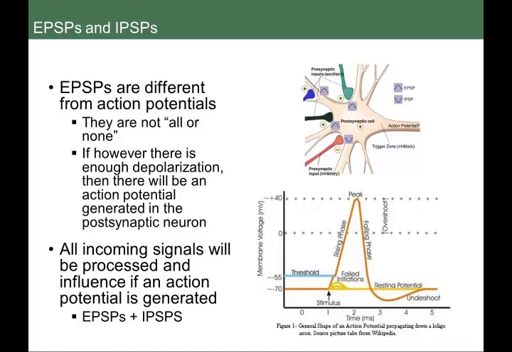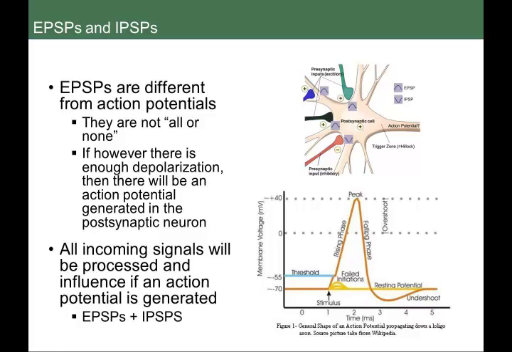So the thing to remember about summation, when we're talking about graded potentials, is they're not all or nothing events. And that's really shown down here, where you can see there's stimulus occurring, but it's not enough stimulus to actually get to the threshold. Okay, and that's what we mean by graded potentials. They're not all or nothing. The cell is listening, it's getting depolarized a little bit here, a little bit there, a little bit here, a little bit there.